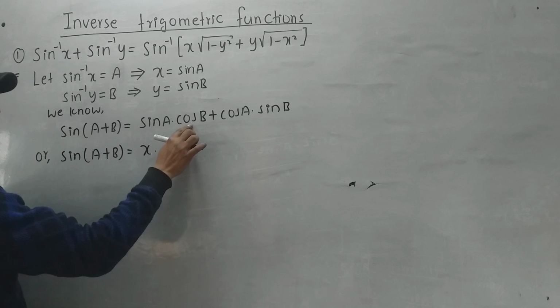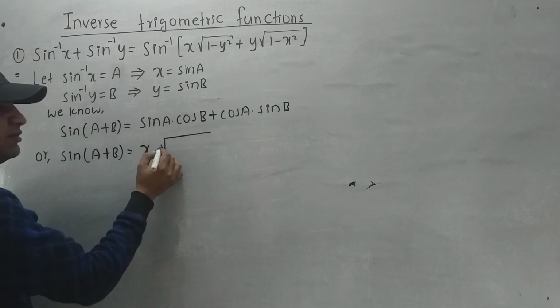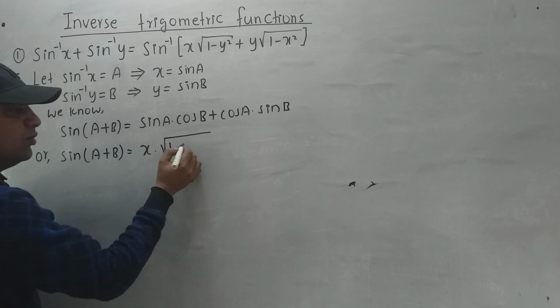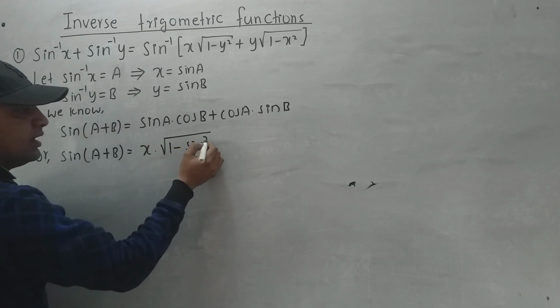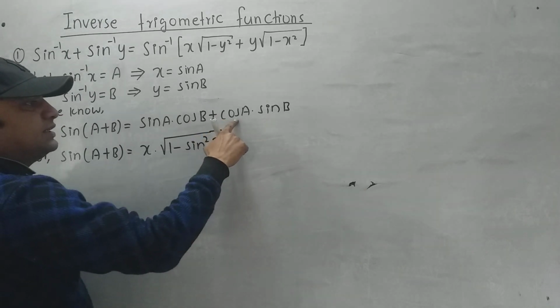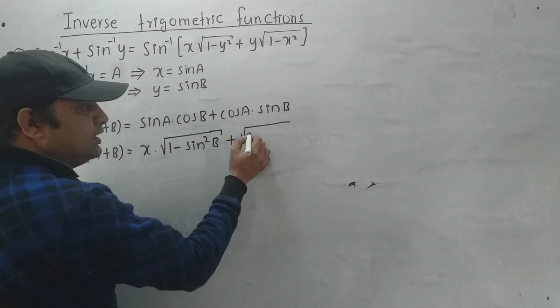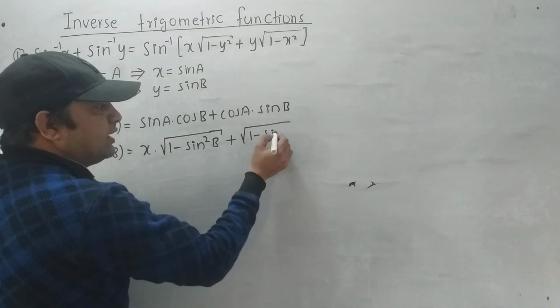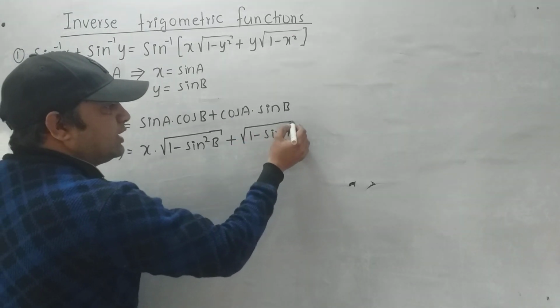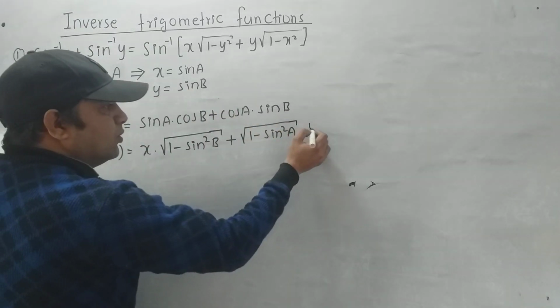For cos B we have to change that in terms of sine. So cos B is given by under root of 1 minus sine square B, plus, for cos A you change that in terms of sine as well. Cos A is under root of 1 minus sine square A, and sine B you can replace by y.